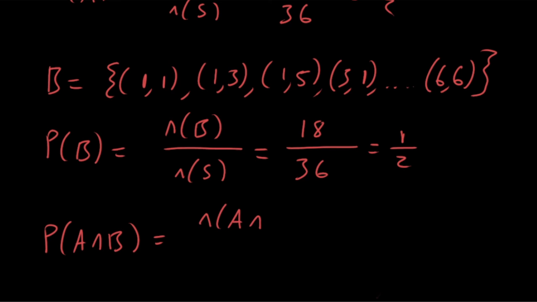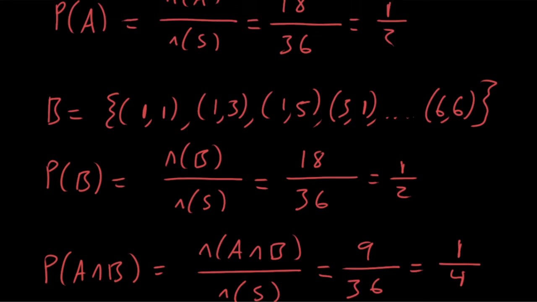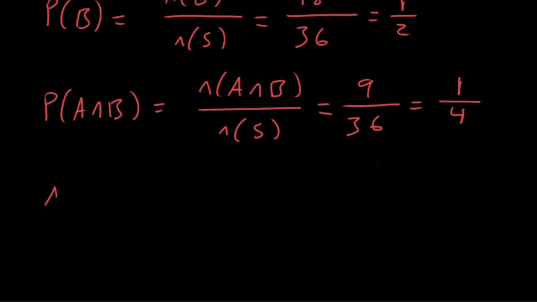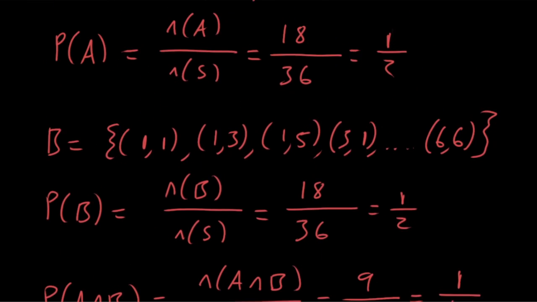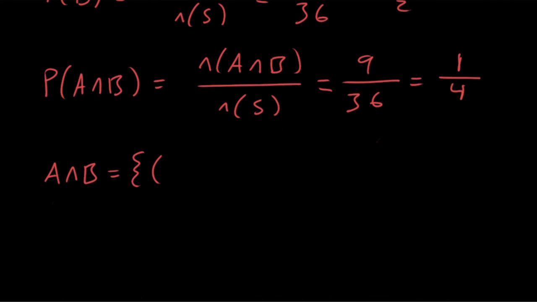That's going to be the number in A intersection B over the number in S. The number in A intersection B is going to be 9 over 36, equal to 1/4. Okay. The number in A intersection B, both dice are even. So we can see that here really quick. A intersection B, both dice are even. So that's going to be half of B, right? Since there's 18, the red die is even, so it's going to be half of A. But we can do this here.